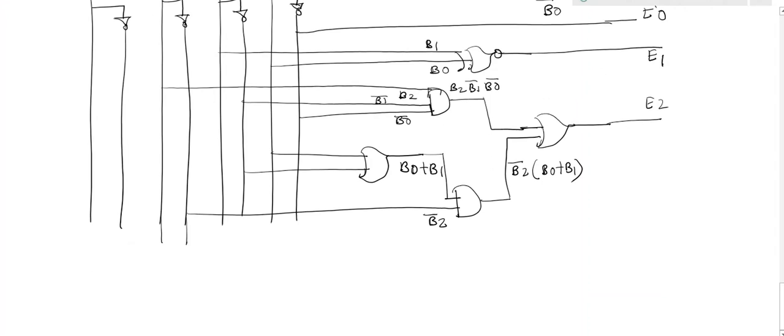Now we implement E3. Now for E3, again I need to take the OR gate, AND gate and one more OR gate.